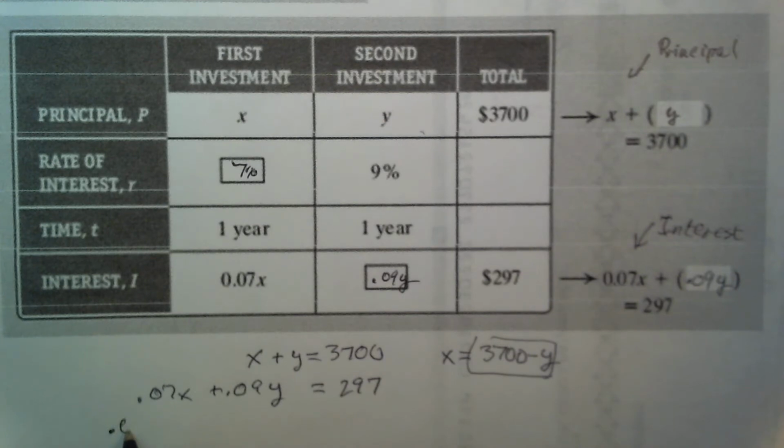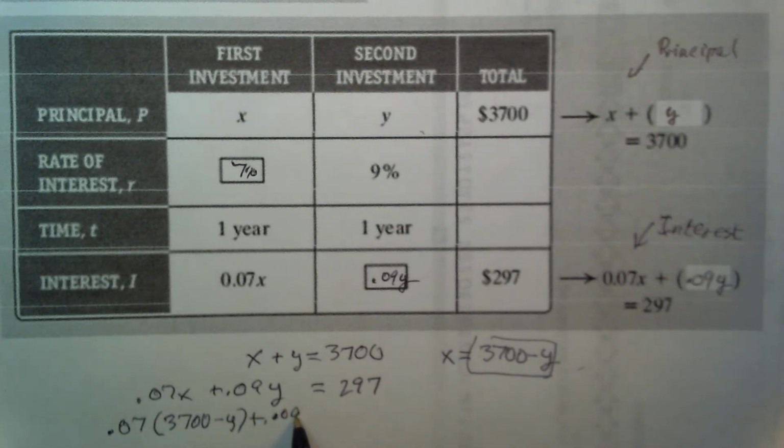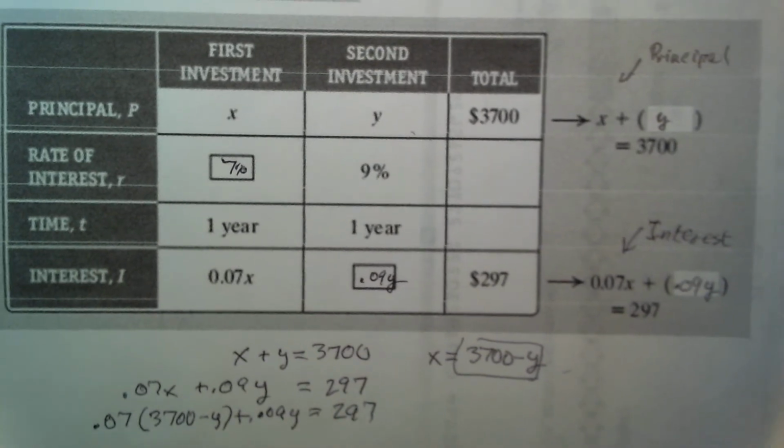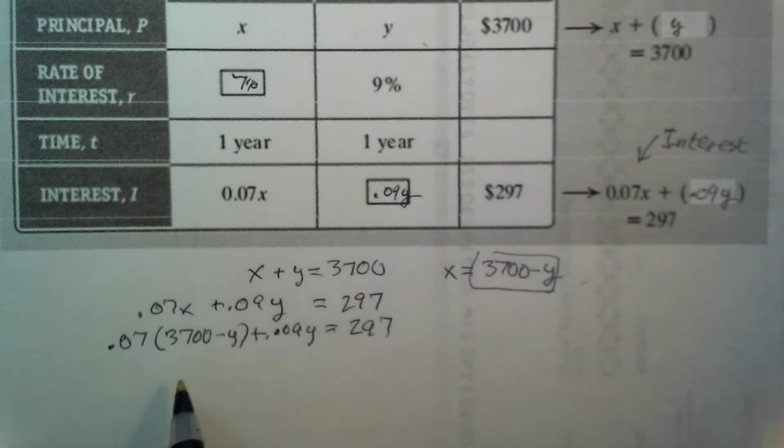So we have 0.07 times x, and x is 3,700 minus y, plus 0.09y equals 297. Next, we use the distributive property to eliminate the parentheses.